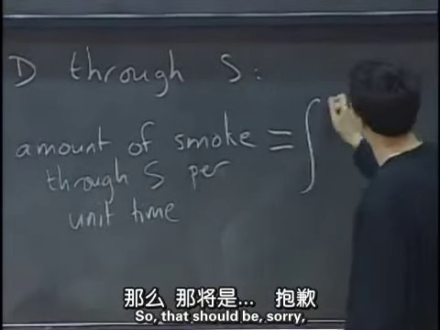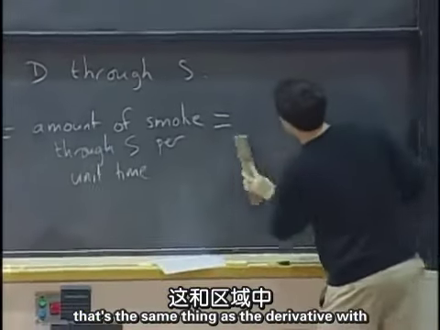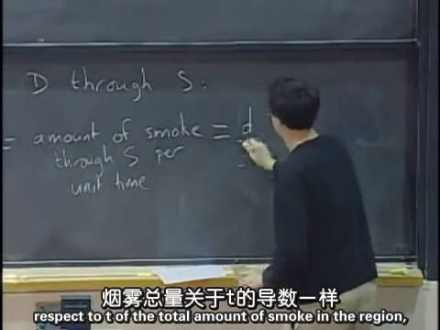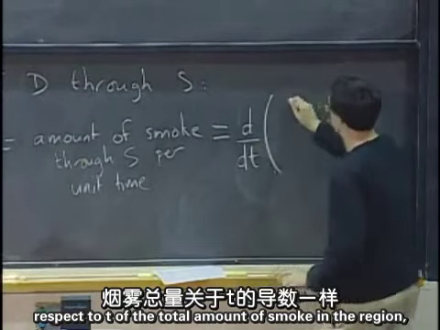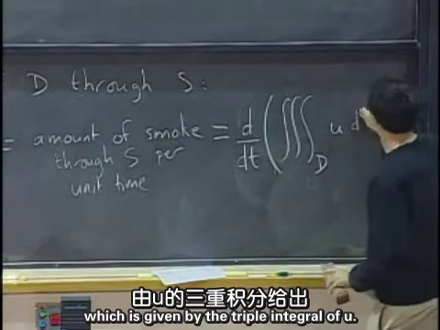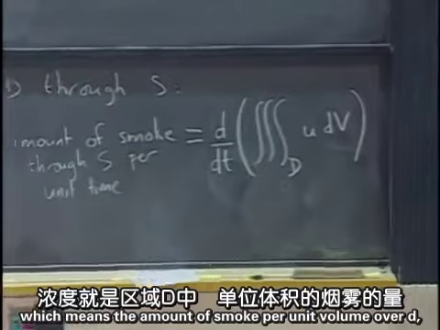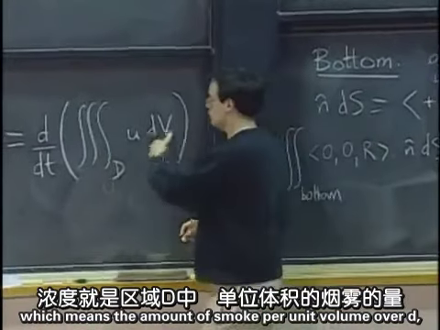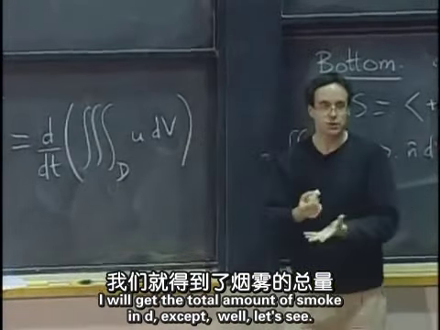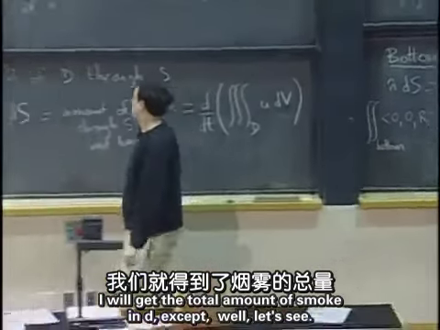So that should be, that's the same thing as the derivative with respect to t of the total amount of smoke in the region, which is given by the triple integral of u. If I integrate the concentration of smoke, which means the amount of smoke per unit volume, over D, I will get the total amount of smoke in D. Except, well, let's see.